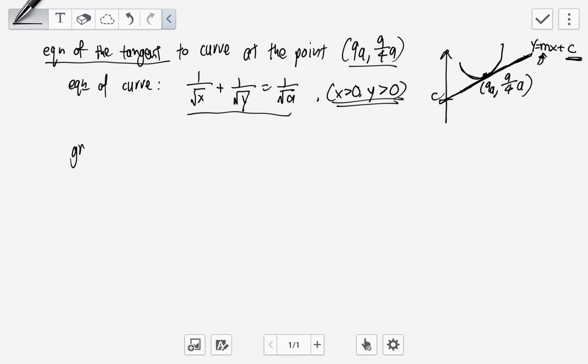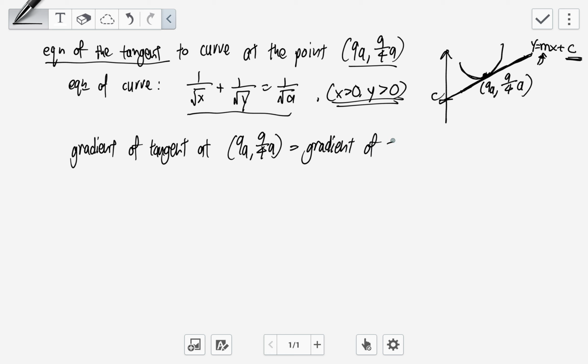So the gradient of the tangent at (9a, 9/4a) is equal to the gradient of the curve at (9a, 9/4a).